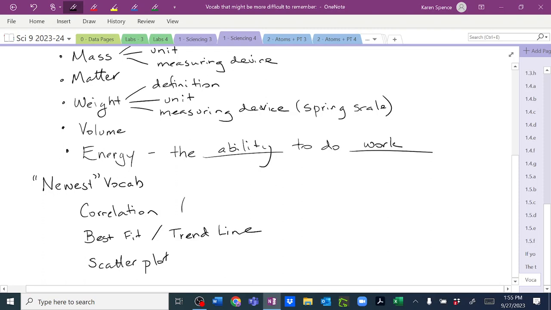High and low correlation. Yes. Sorry. Outlier. Yes. Bar graph. Now, some of you may not have gotten to the bar graph yet, so we're going to take a moment on that one, but I'm going to get to you guys first.